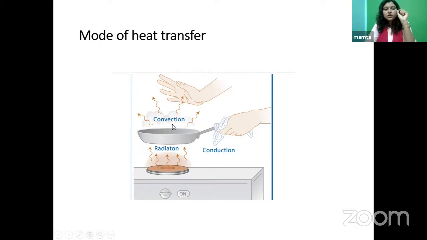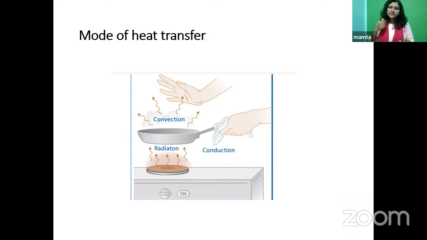In convection, the particle itself moves to transfer the heat. You know, here the holder doesn't move to the container to say, touch me, I got heated. Here, for example, we are steaming the water. So in convection, what happens?